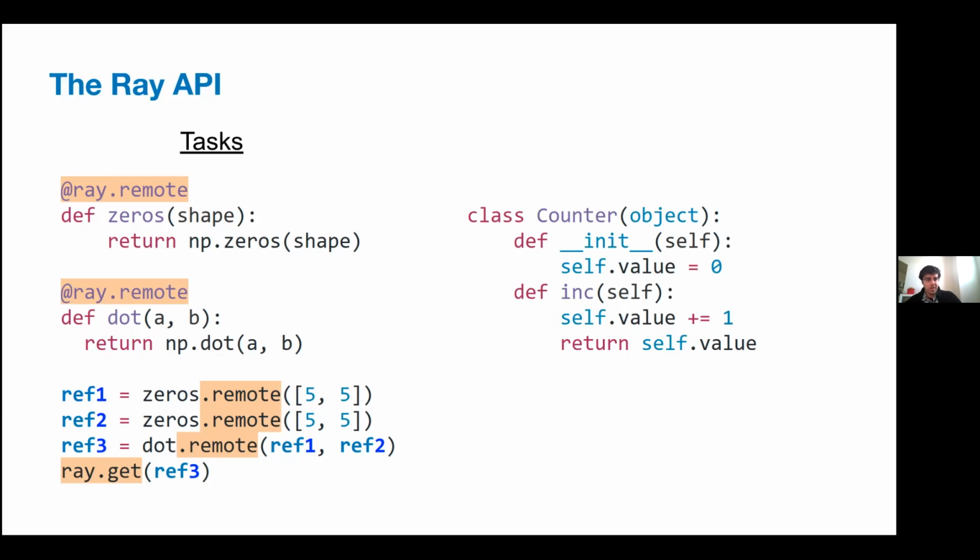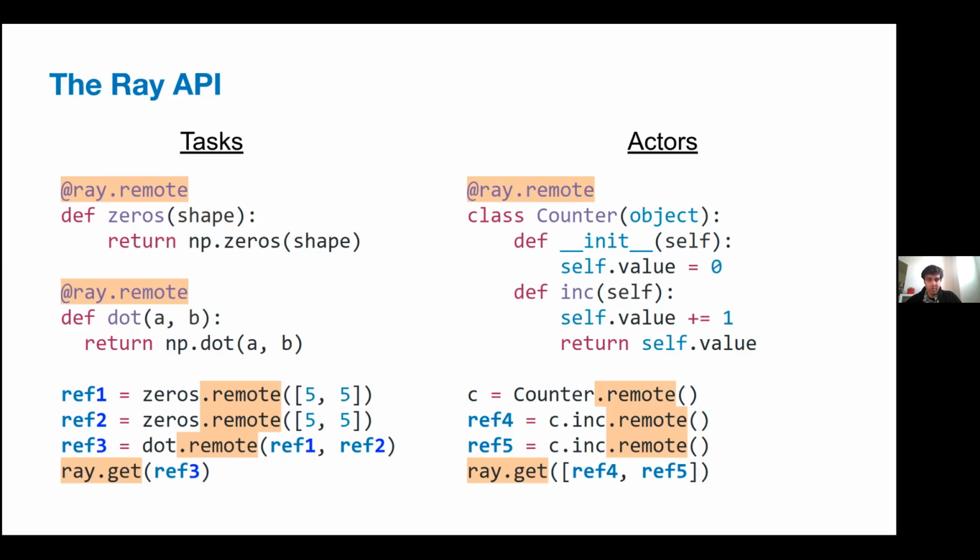We can also create actors using Python classes. Here we have a simple example of a stateful class that maintains a counter. We can create the actor by simply adding the Ray remote decorator as we did with the tasks. So it's very easy to create tasks and actors, and it really allows programmers to focus on what they need to do instead of getting too much into the imperative operations involved in parallel computing.